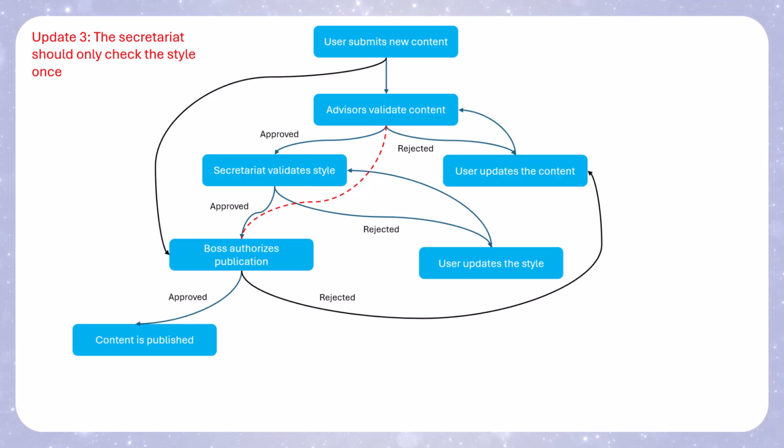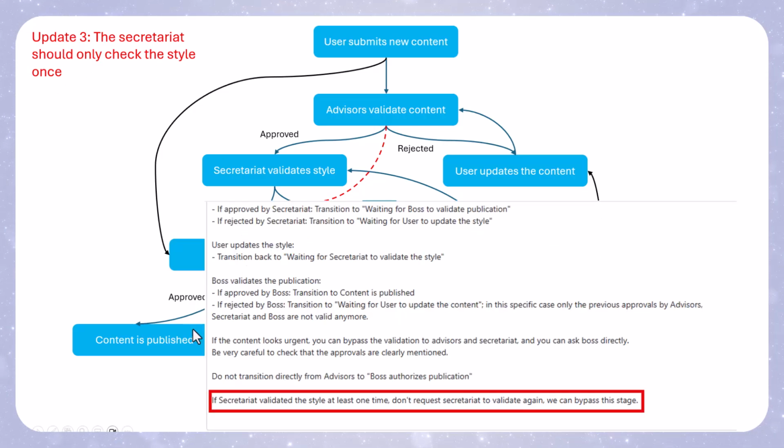So the secretariat should only check the style once. This is what I changed in the instruction: if secretariat validated the style at least 1 time, don't request secretariat to validate again. You can bypass this stage. And it worked. So that was really amazing.